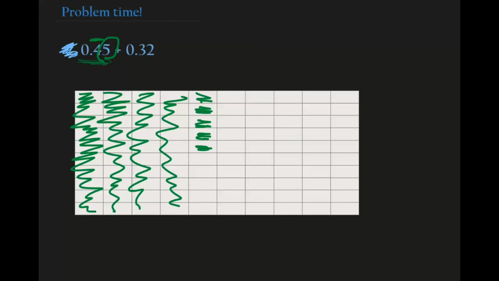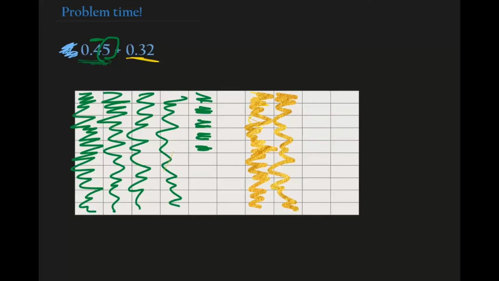Now we have 0.32. So we're going to shade 3 full columns. So let's do that. I'm going to use yellow for this one. So we have 1. It's not visible, so I'm going to do this. So we have 1, and then we have 2.